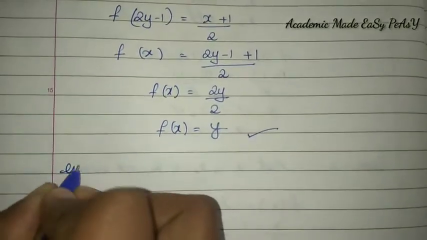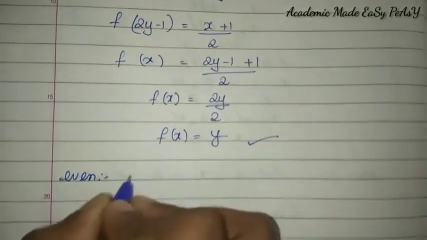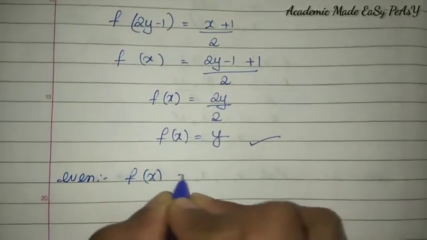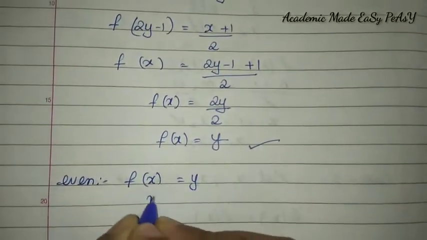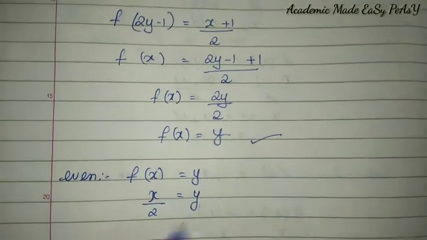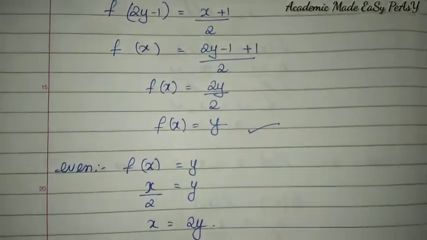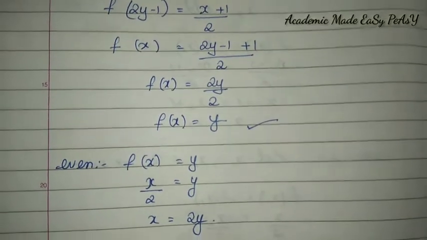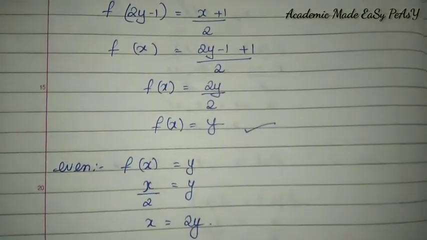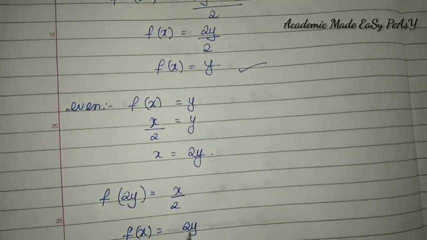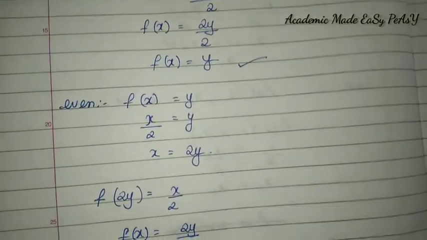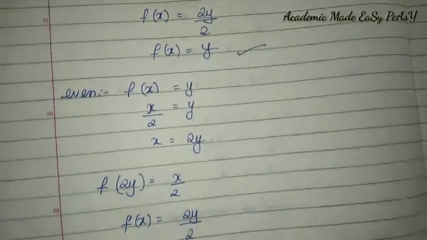Next for even. f of x is equal to y. x by 2 is equal to y. x is equal to 2y. And f of 2y is equal to 2y by 2. f of x is equal to y.